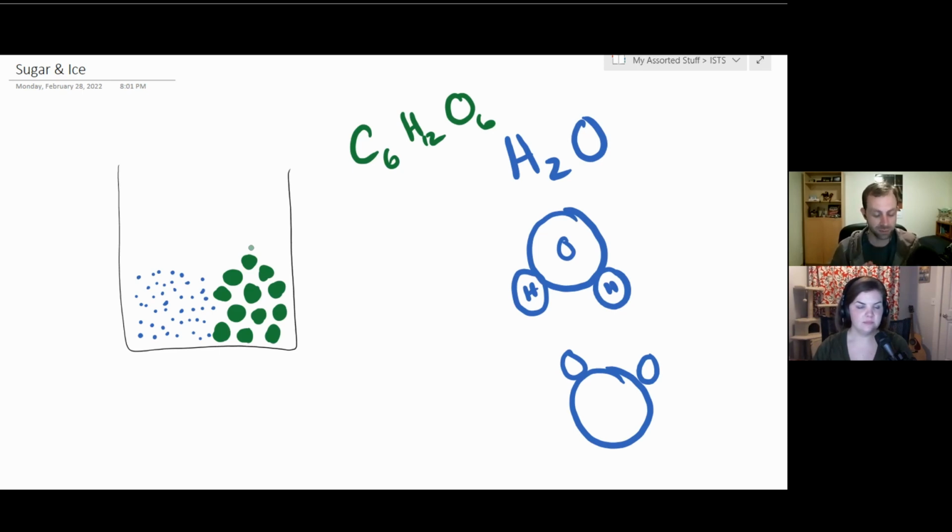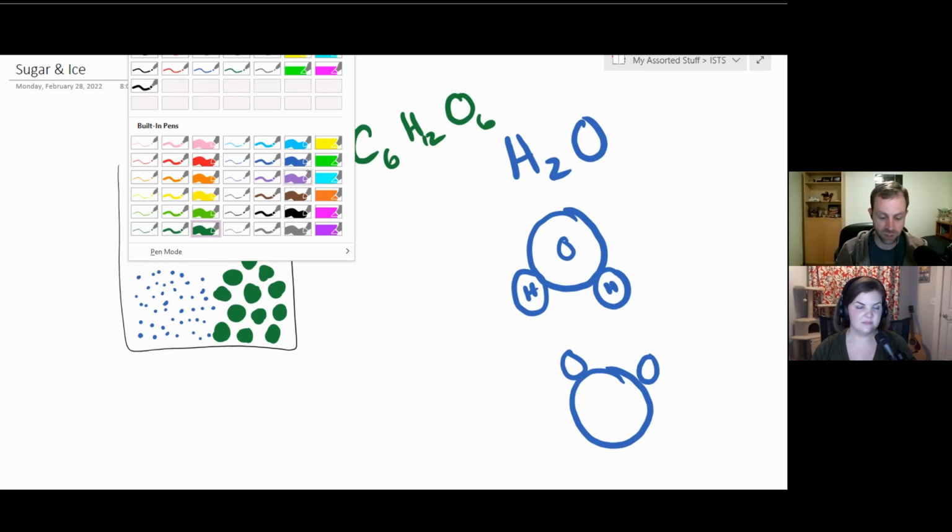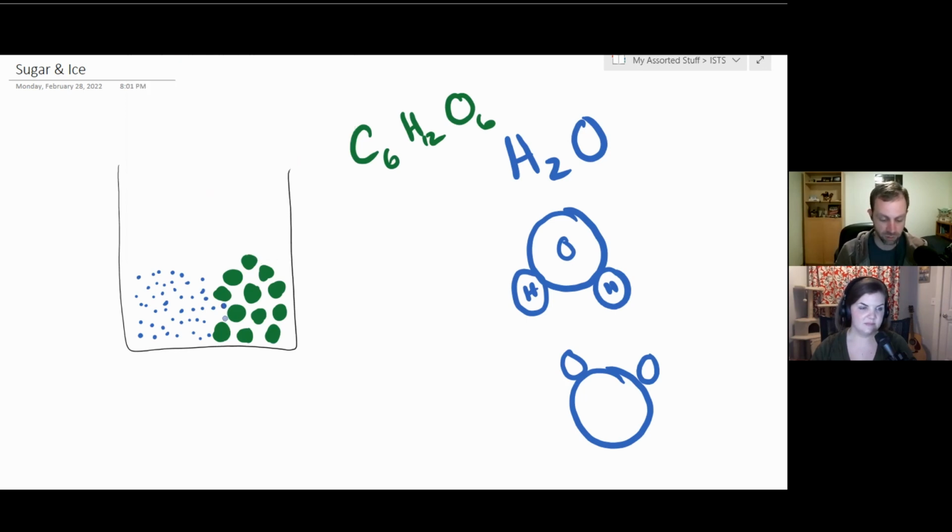As they're in contact with each other, they are still jiggling and moving, and they're banging into each other. Does that sound familiar? Yes, it does. So even though they're in place, they're still banging into each other, which means you can bang some of those water molecules so that they bounce off. If they get just a little bit more energy, they might have just enough energy to start going in between each of those sugar molecules.